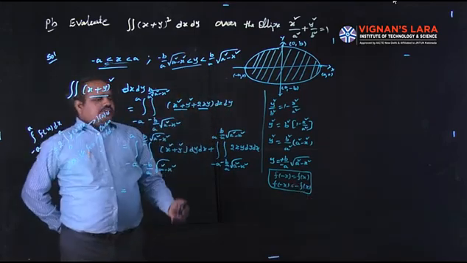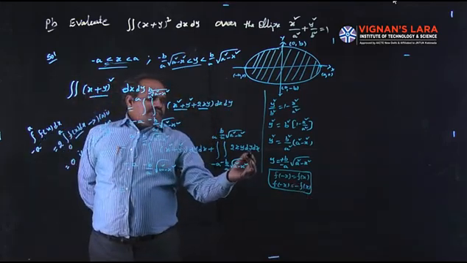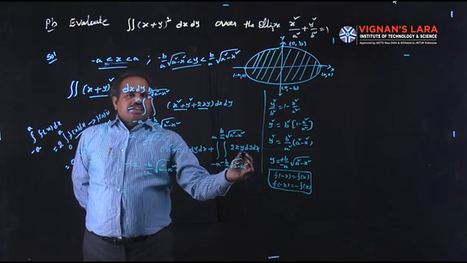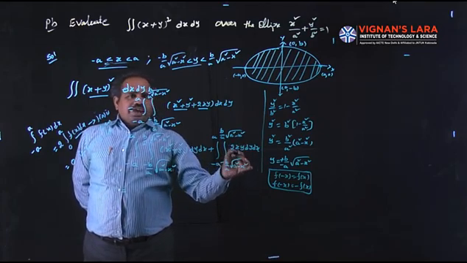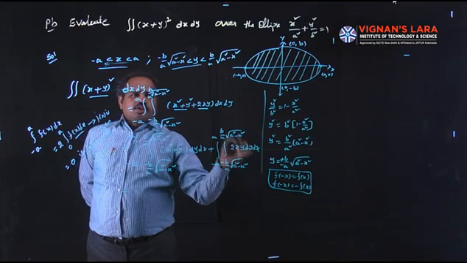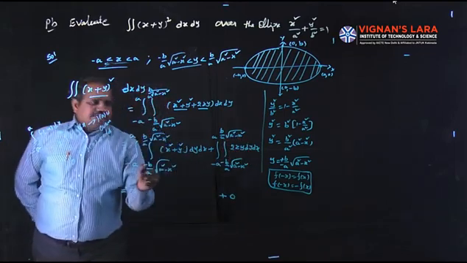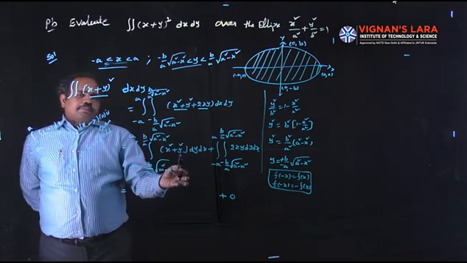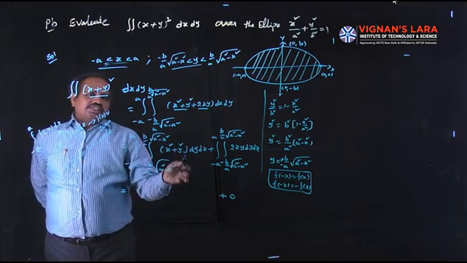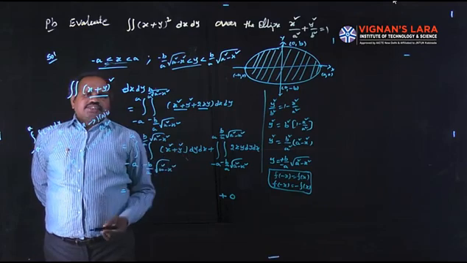Coming to here, the integrand is 2xy. If you are replacing y as minus y, this becomes minus 2xy. That means this is an odd function. So this total term value becomes 0. Coming to the other one, if you are replacing y as minus y, again this becomes the same function, x square plus y square.